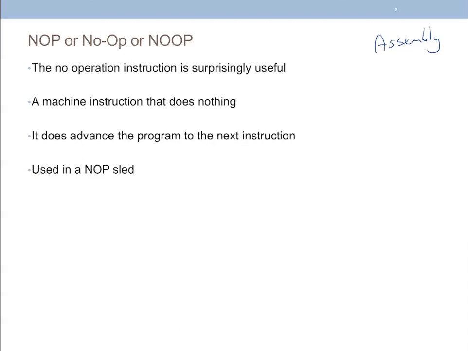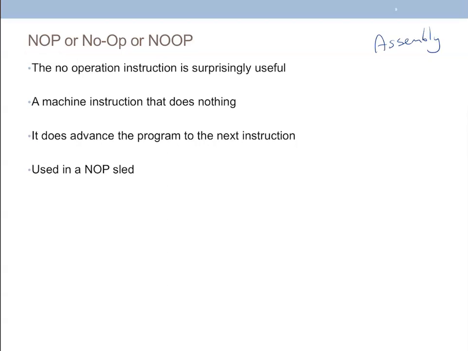In assembly language, there's this operation which seems strange. It's called a no-op, which stands for no operation. You can see it written often as NOP. I'll stick with the book format, so it's going to be NOP, and I'm just going to call it a no-op.